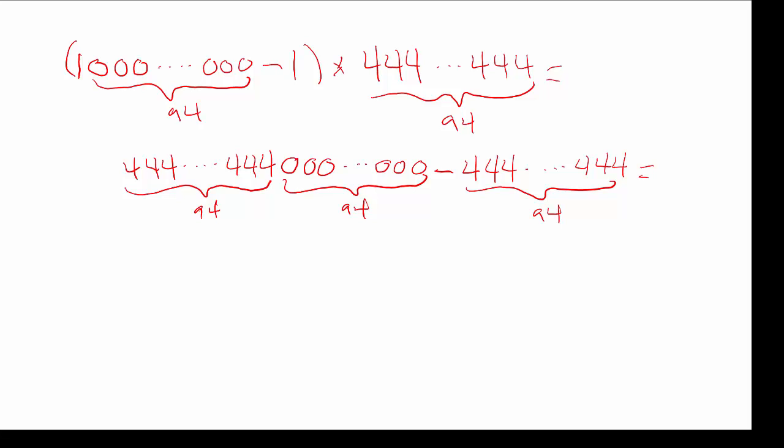Let's write that out and do the subtraction. I'll have the 94 fours, 94 zeros, and the 94 fours will line up exactly with my 94 zeros.